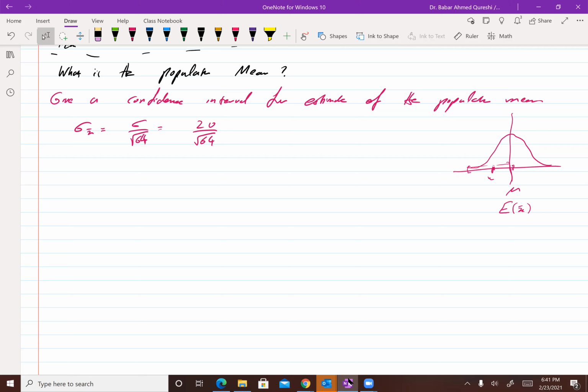So it depends on how much confidence you want to predict it with. And the trade-off is that if you say it with more confidence, the interval size increases. If you say it with less confidence, then you can narrow down the size of the interval.